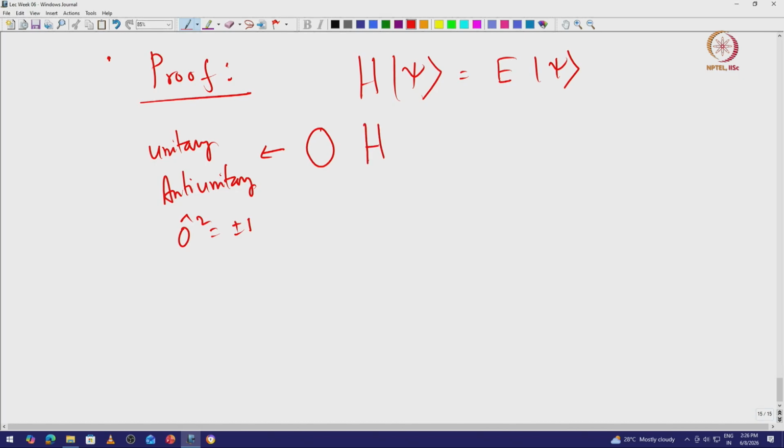Multiplying from the left, this is a number. So, O acting on E will give you E star if it is antilinear, or E if it is linear, and because the energies are assumed to be real, for both cases we get this.